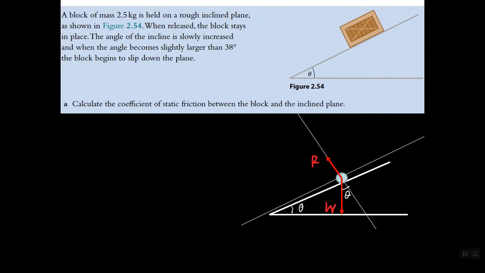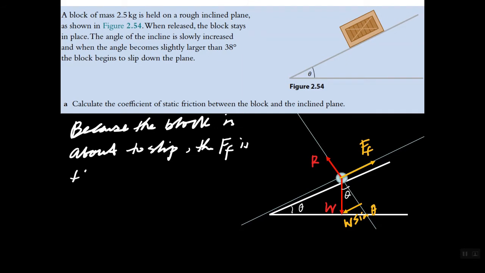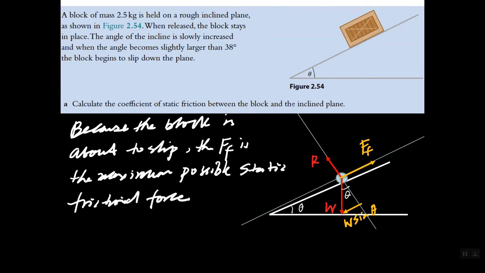The friction force is F, and the X component of the weight is W sine theta, as it is opposite. Because the block is about to slip, the frictional force is the maximum possible static frictional force, and so the frictional force equals the coefficient of static friction times the normal force.